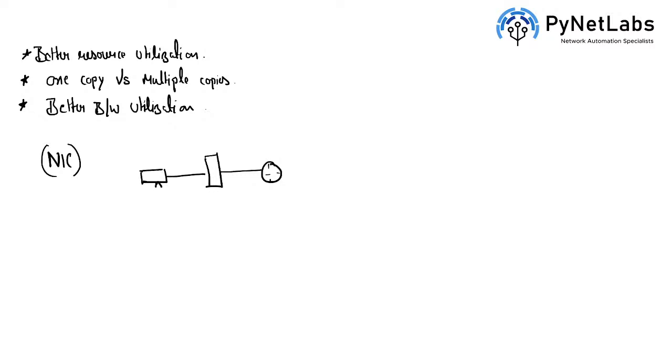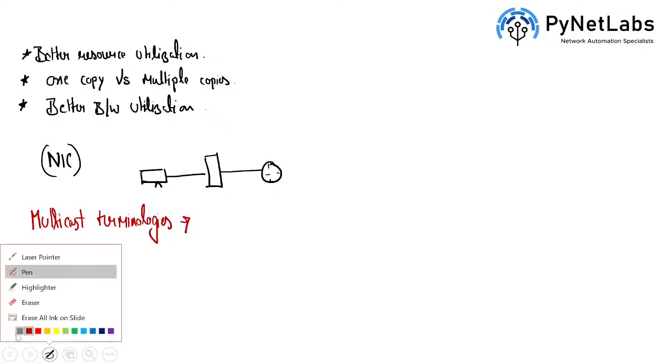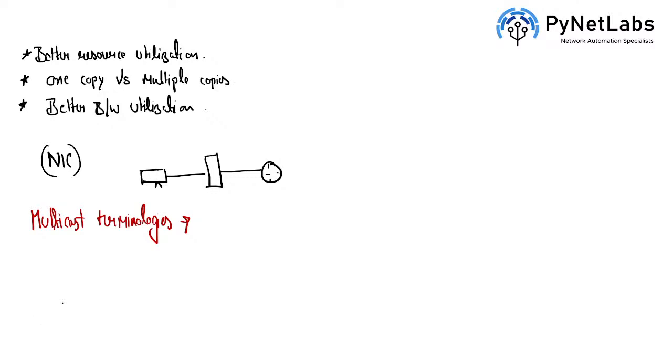Whenever we are comparing all these multicast things, we have some terminologies in multicast which you need to keep in mind always. So I'm writing here, multicast terminologies. In multicast, we have three things which you all know about, but in multicast we call them separately. The data packets are known as a stream, so we call data packets streams.